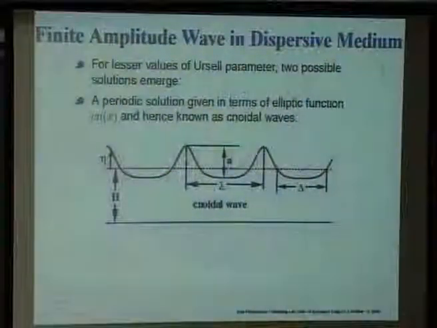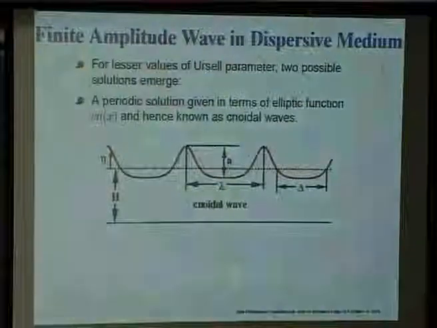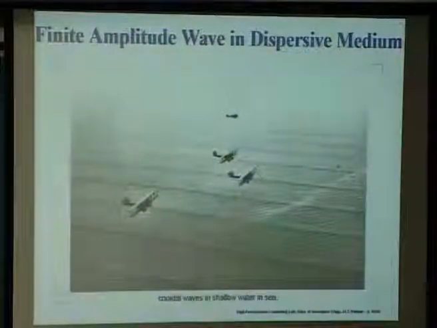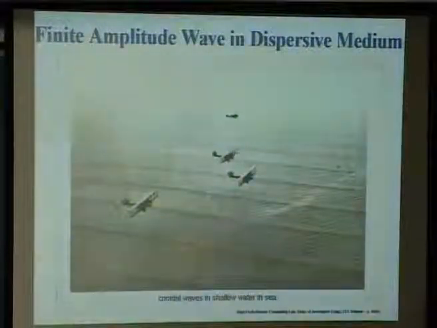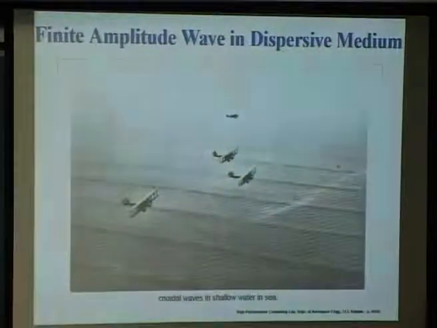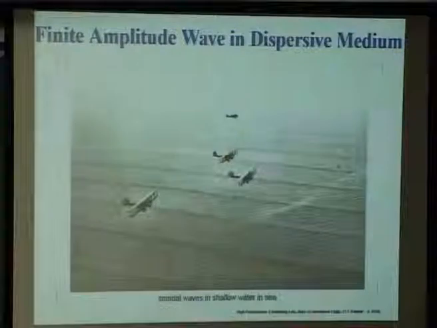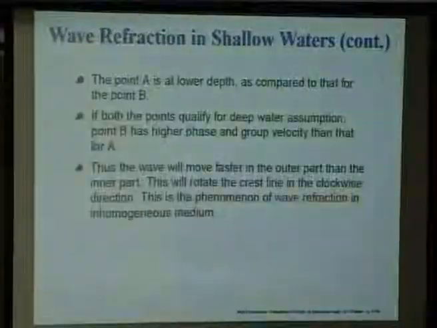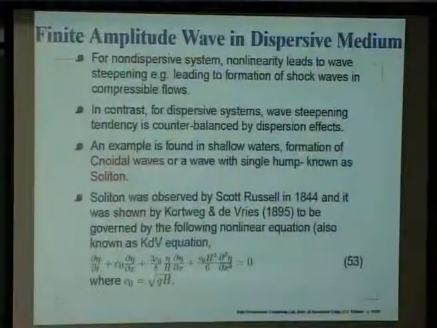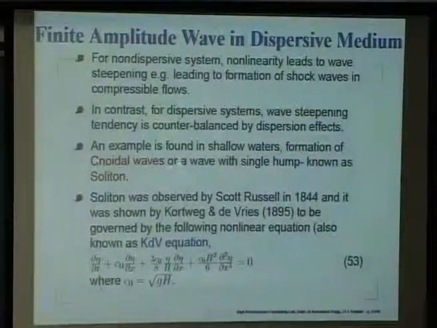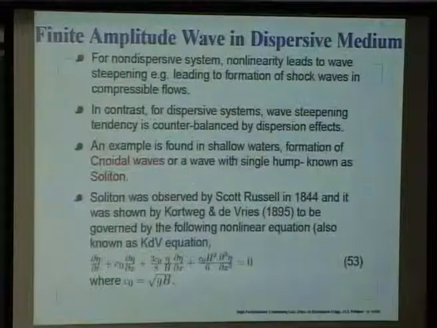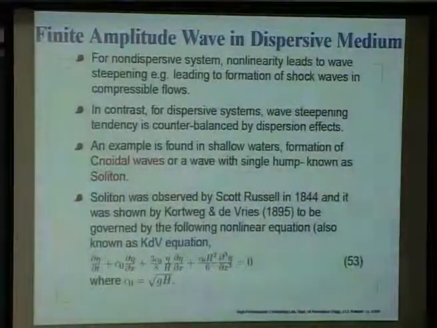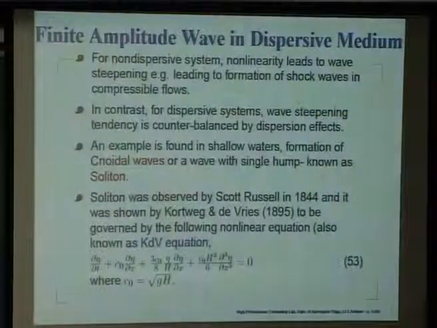These are not pure sinusoidal waves. So, this is what you actually see in nature forming, and this is an example of what we call the cnoidal wave. Here we expect to get some kind of a perfect balance, when these waves have variable wavelength, and this wavelength could be very, very large compared to the depth.